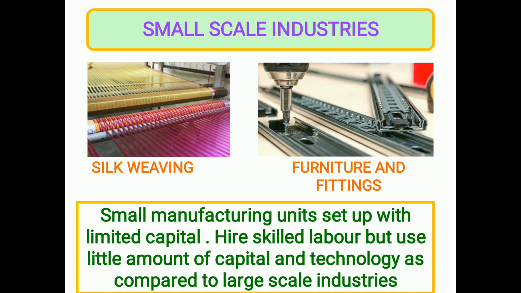These types of industries are referred to as small scale industries. For example, silk weaving, furniture and fittings, manufacturing chemicals, automobile components, producing garments, food and leather items, etc. come under the category of small scale industries.